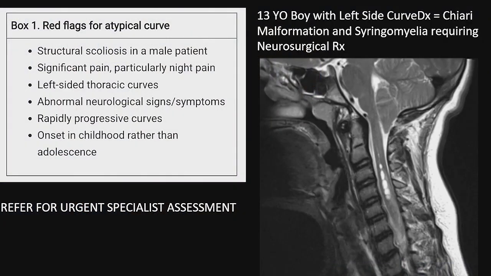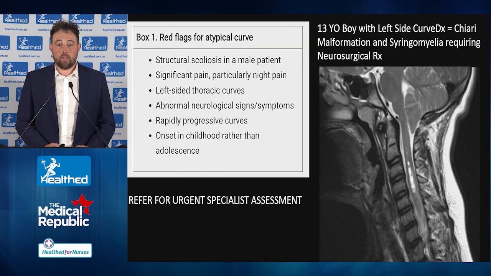One really important thing in the initial assessment of any patient with scoliosis is the red flags. And these are the patients that have scoliosis that is not idiopathic in origin. The red flags for an atypical curve are structural scoliosis in a male patient, significant pain, particularly pain at night or requiring stronger analgesics, thoracic curves that rotate out to the left-hand side, abnormal neurological signs and symptoms, and the abdominal reflex can be a particularly sensitive indicator for this.